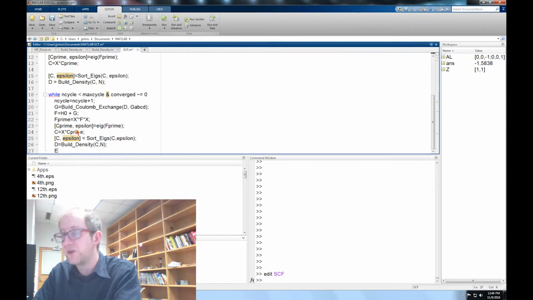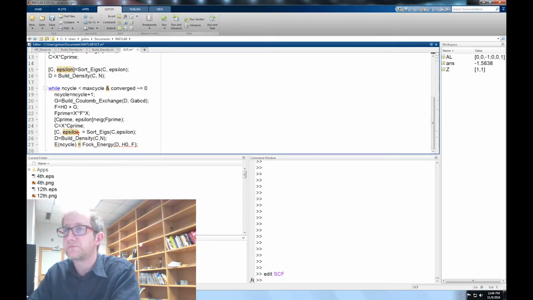We can now evaluate the energy. So the energy of this cycle equals, let's write a program called Fock energy, and the only thing we need to give that is D, H naught, and F. We need our density to calculate the energy. Now we're going to see if that is lower than the previous cycle.